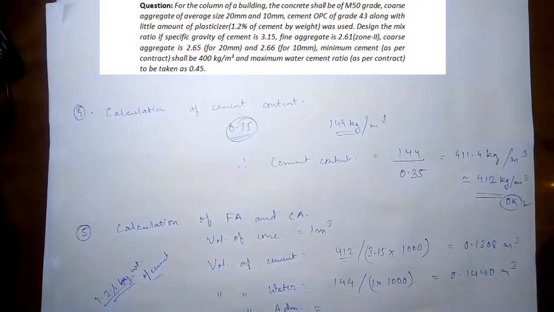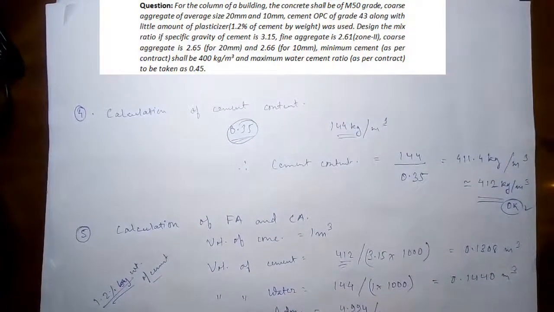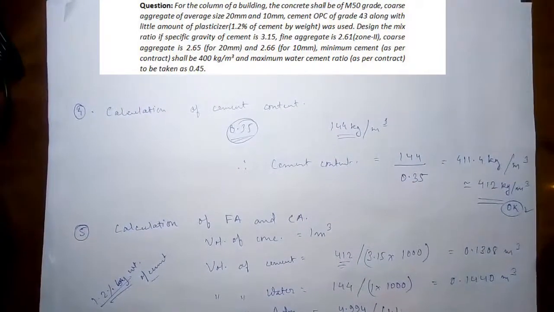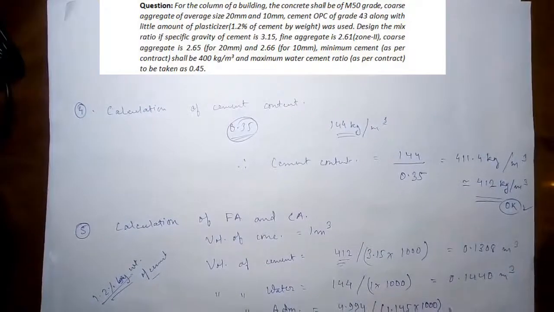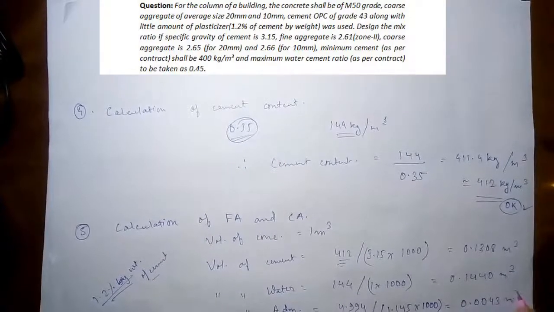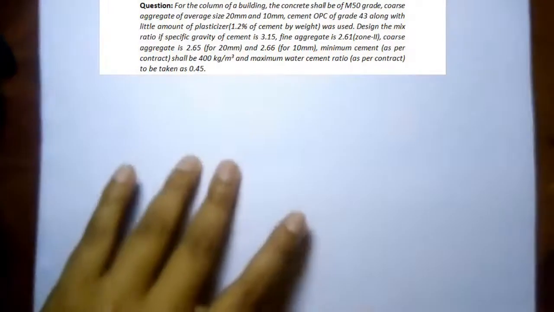So 1.2% of 412 will be somewhere around 4.994, and that divided by the density of the admixture, which is 1.145 times 1000, is equal to 0.0043 meter cube. So this is the volume of admixture which we are going to use.